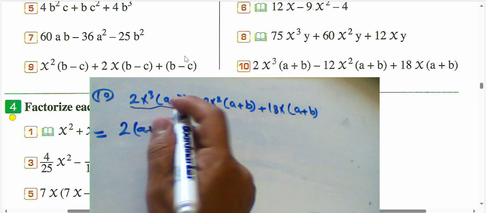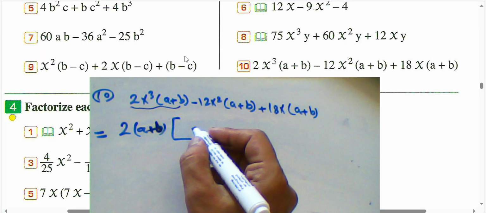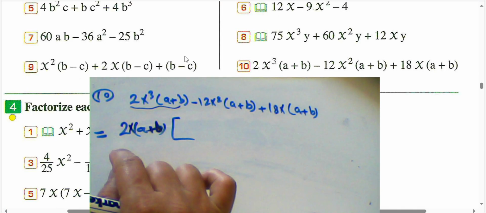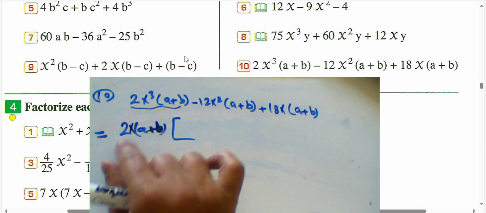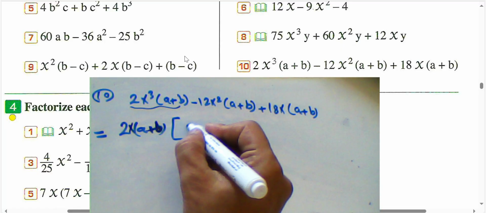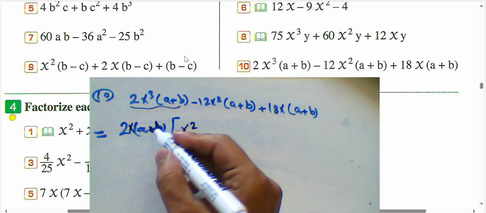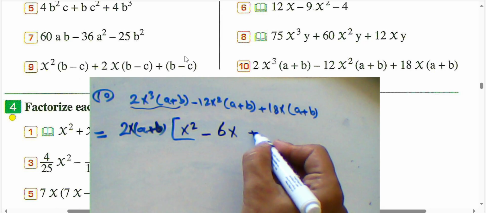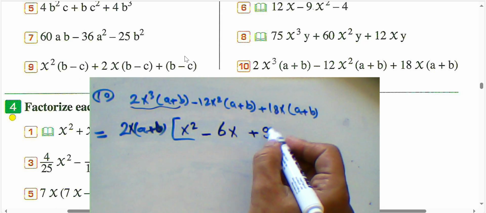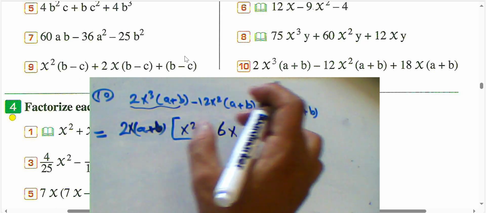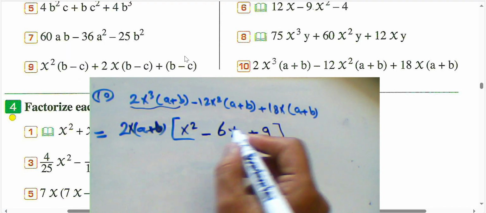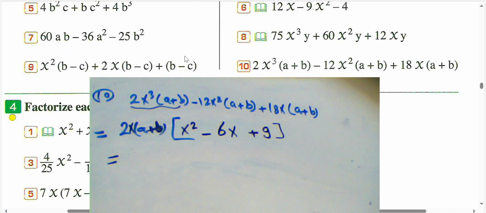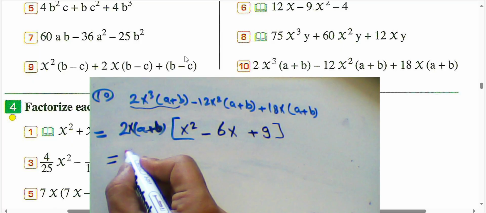The remainder here: 2 divided by 2 is 1, x^3. We can also write x, then 2x as a common factor. 2 divided by 2 is 1, x^3 divided by x will be x^2. 12 divided by 2 equals 6, x^2 divided by x equals x. 18 divided by 2 equals 9, x divided by x equals 1, (a + b) divided by itself will be 1. And then we can write 2x(a + b) outside.